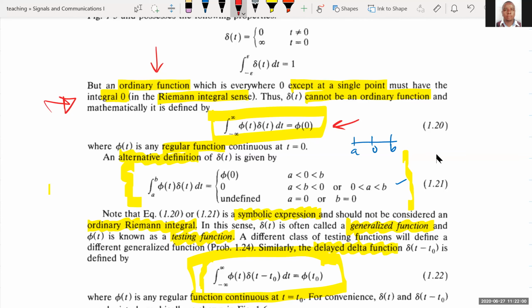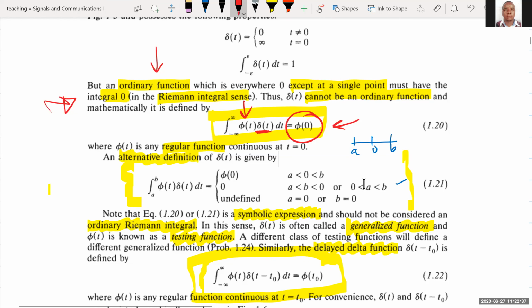Let us try to decipher the meaning of expression 120. We are introducing a general or regular function phi of t, multiplying it with the delta or Dirac function, and integrating with respect to time from negative infinity to positive infinity. This integral will be equal to the function phi at time 0.